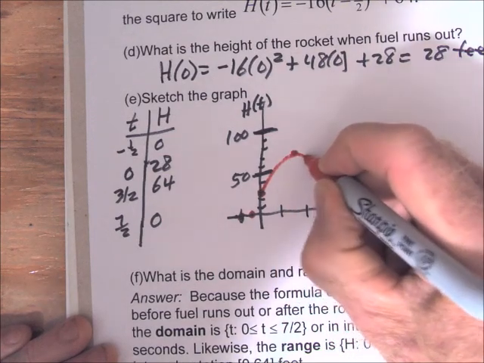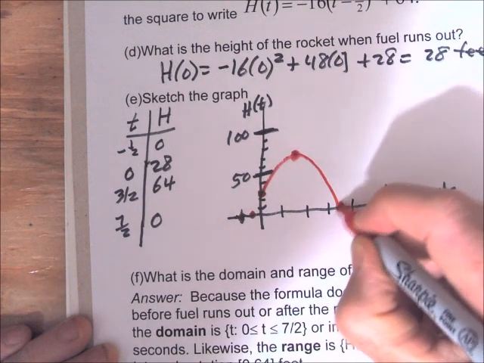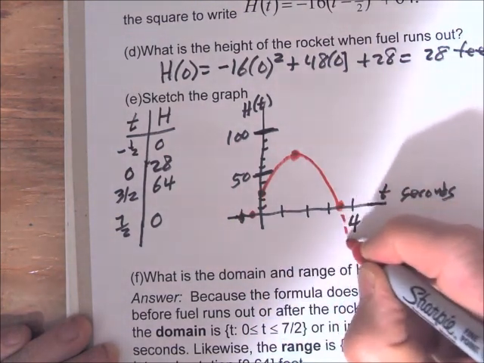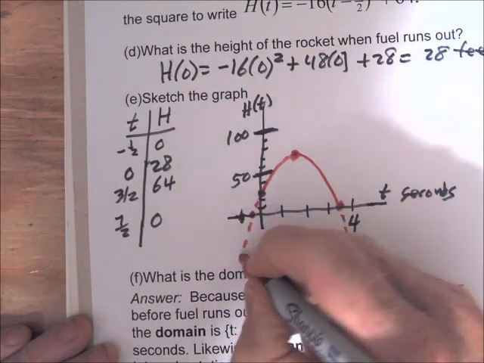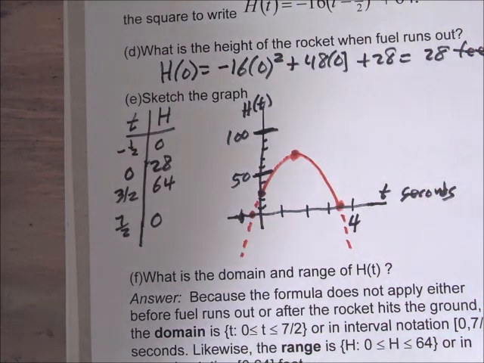Okay, so this is a piece of a parabola here, and the full parabola actually keeps on going, but once the rocket hits the ground, it's not going to go very far into the ground, because the ground offers a lot more resistance than the air does.